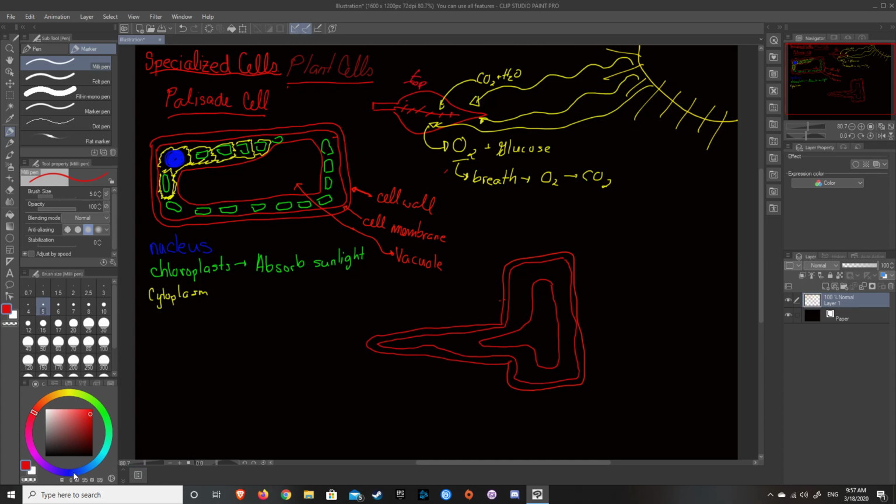We've got the nucleus, which I'll draw in another color. And we've got the cytoplasm, which is all the liquid contained in this part. So I'm just going to label these very quickly, and then we'll talk about why it's different. Vacuole. On the outside, we've got the cell wall. And the inside, we've got the cell membrane.